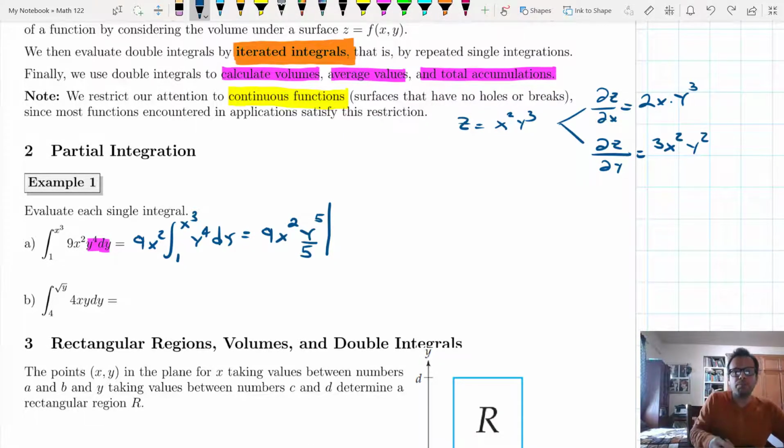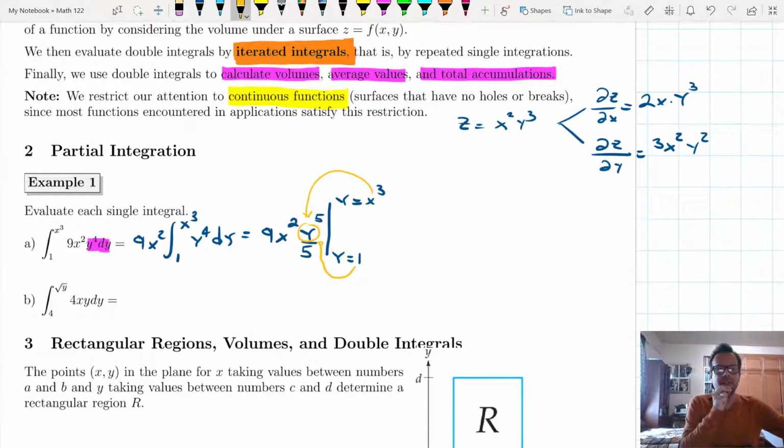I'm going to be very specific and say evaluated from y equals 1 to y equals x cubed. That means we plug in x cubed, the upper limit, wherever we see the letter y, and likewise the lower limit, wherever we see the variable y. That's essentially what we do.